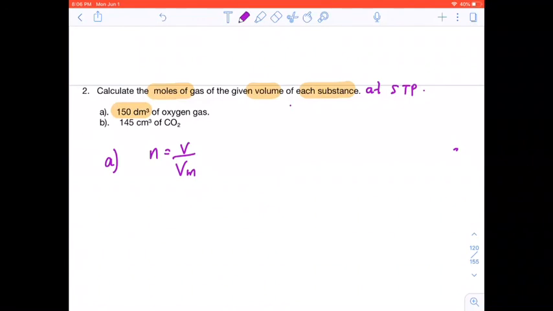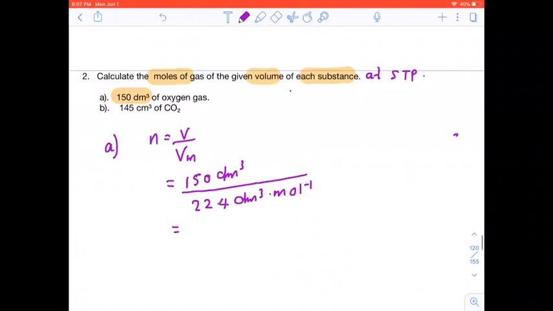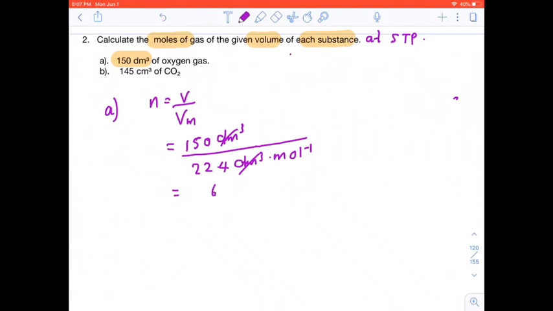So n is equal to 150 dm³ of oxygen, and we know that the molar volume at STP is 22.4 dm³ per mole, which means the decimeters cancel out, and that gives us 6.7 moles.